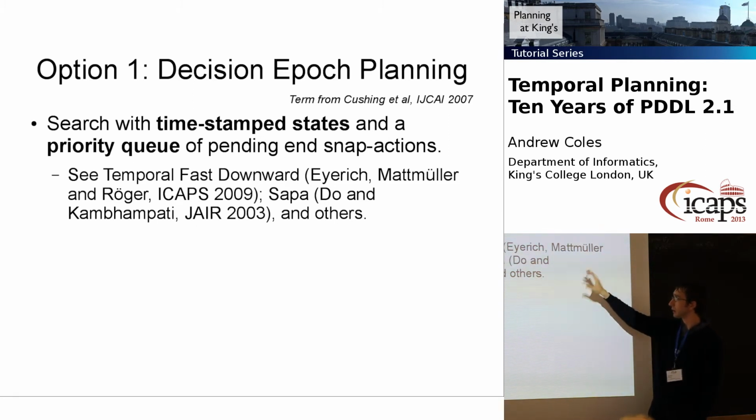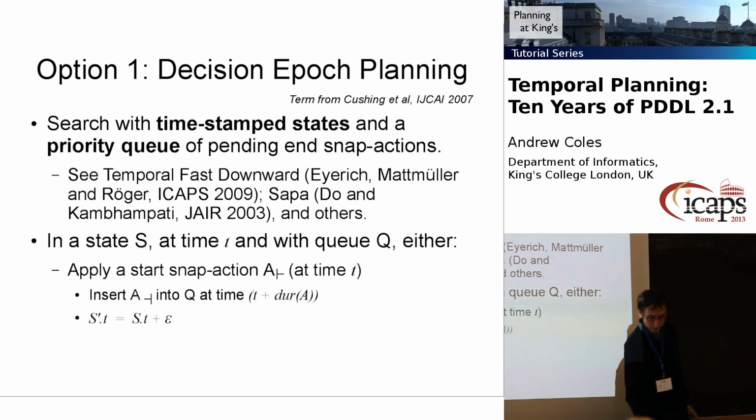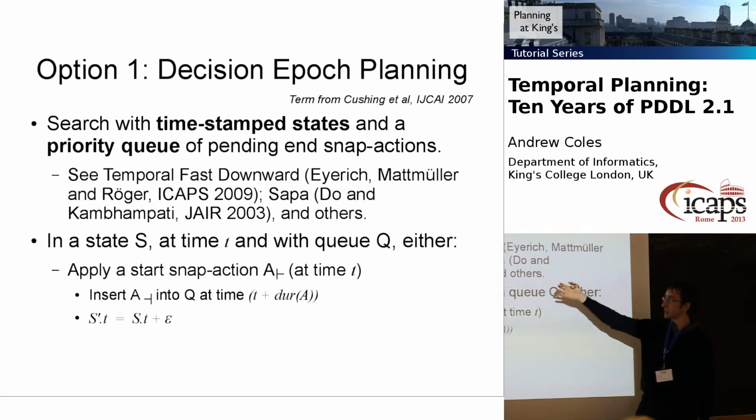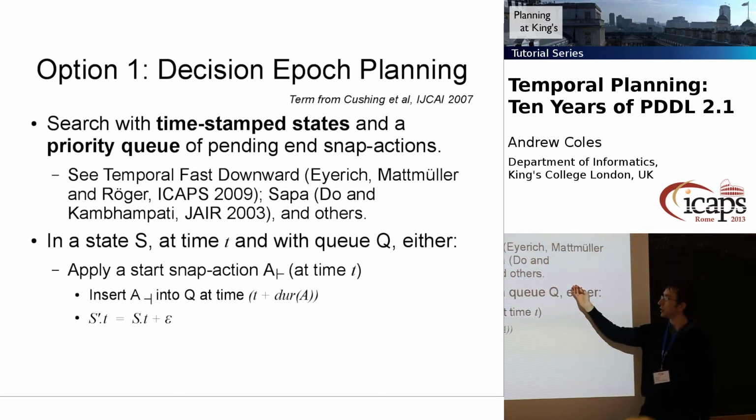And this approach has been taken by various planners, from SAPA to POPF more recently, and various other planners as well. Essentially, when we're doing our forward chaining search, we get this state S at some time t, and we have a priority queue.